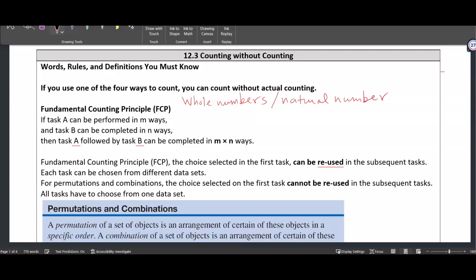Rarely do we count zero. Zero plus natural numbers is whole numbers, remember that? And so there are no fractions. When we start getting into probability, then we will start getting some fractions, right? So make sure you know the difference between counting and probability that we are heading to next.